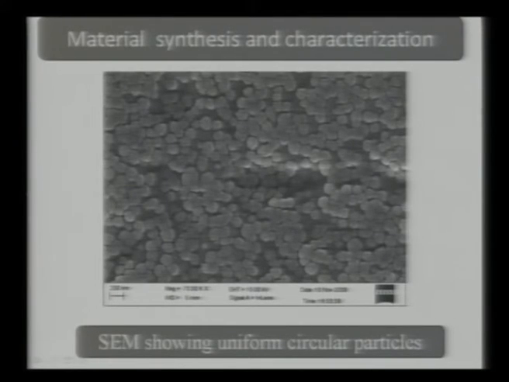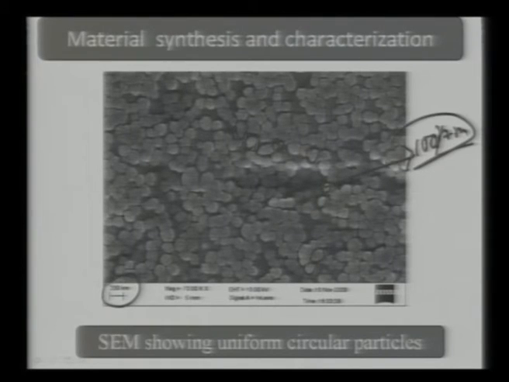Now you can see these individual particles are coated by DMEM, that is the Dulbecco's modified Eagle's medium, and this DMEM solution preferentially coats all the particles. If you see this micron bar here, these particles are roughly around 100 to a little bit higher than 100 nanometer. Okay. So essentially you can call them ultra fine sized particles or almost nano sized particles.